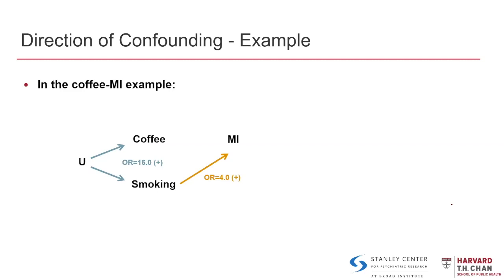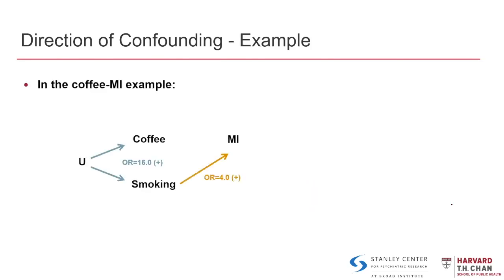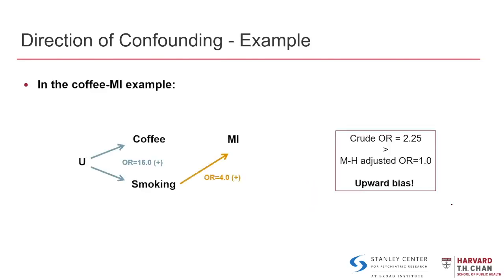So based on the information that we were provided here, the direction would be positive, positive, so we would call it an upward bias, because the crude odds ratio was 2.25, and as you have seen from the adjusted one, the adjusted estimate was 1.0. So you could have a direction of an upward bias or a downward bias.